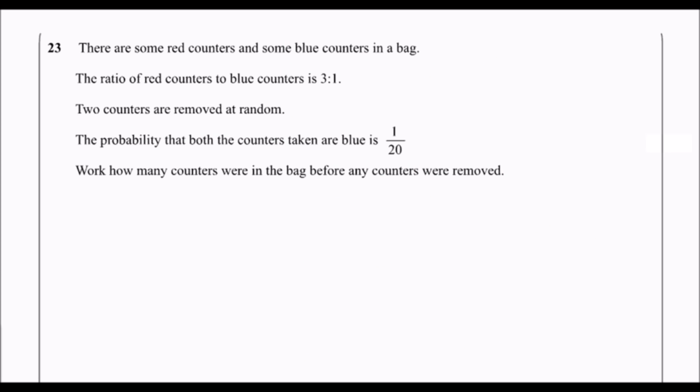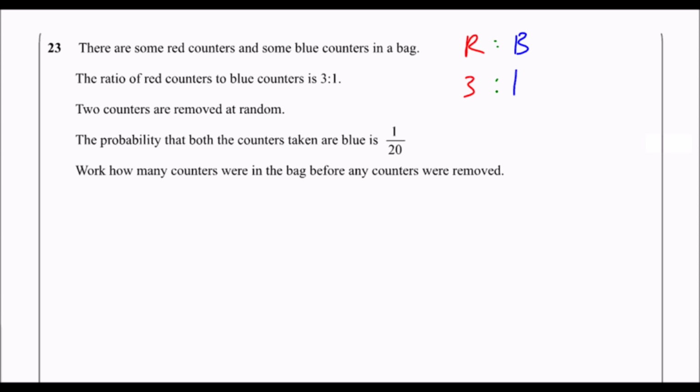And question 23. There are some red counters and some blue counters in a bag. The ratio of red counters to blue counters is 3 to 1. So 3 parts red. So red to blue is 3 to 1.